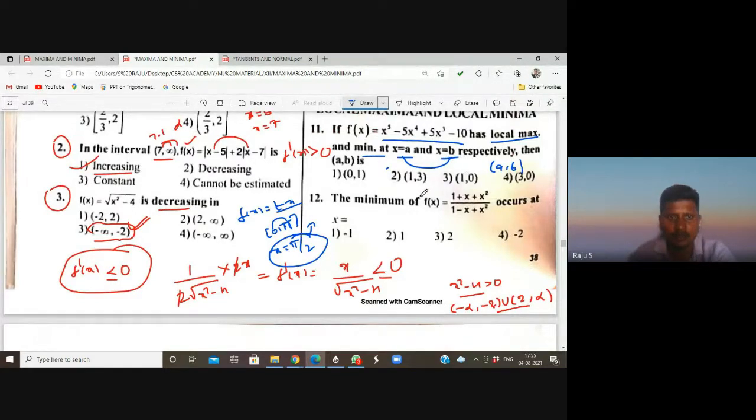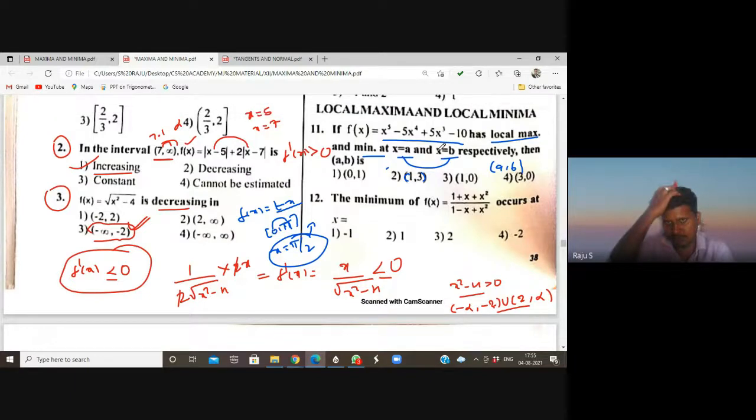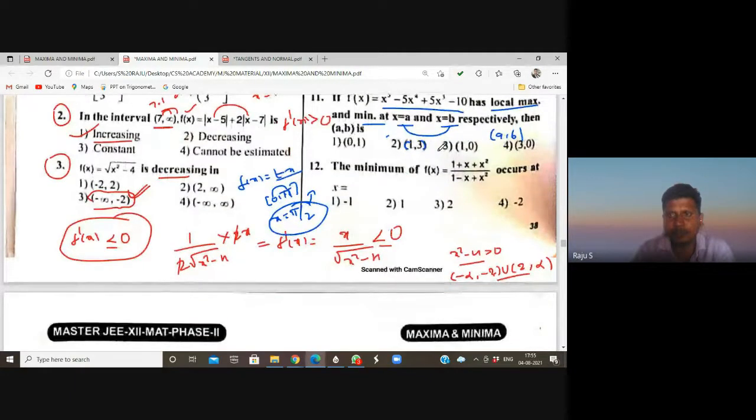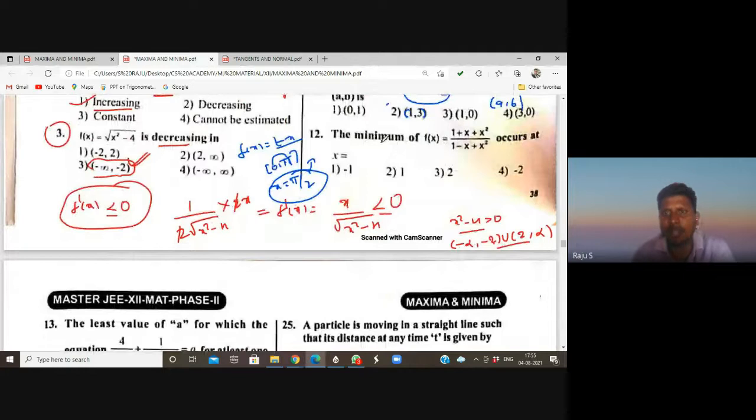At what point will it be minimum, at what point will it be maximum? That is the interval, whether 1 comma 3 or 0 comma 1, like that. Check it once. The minimum value occurs, but in this question number 12, you can go through the procedure.